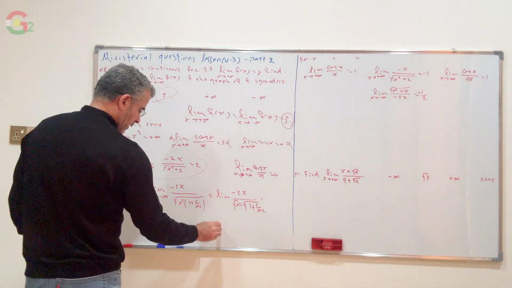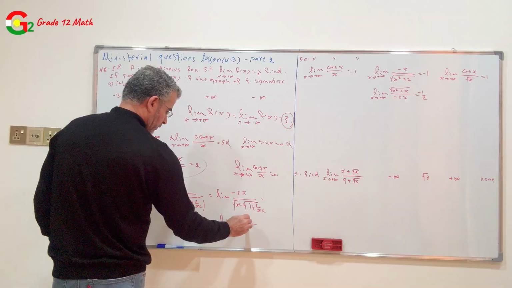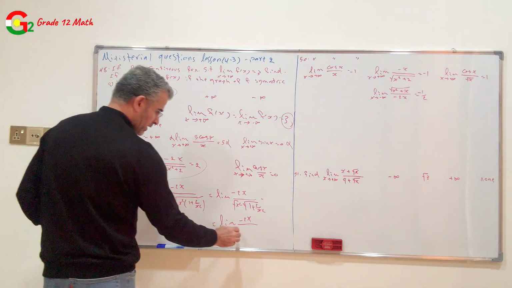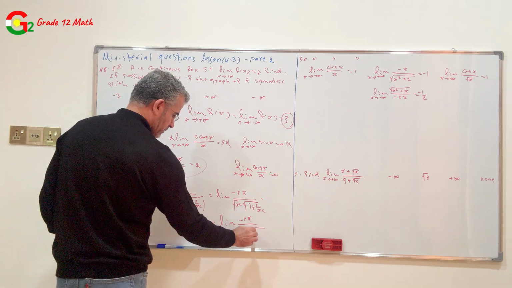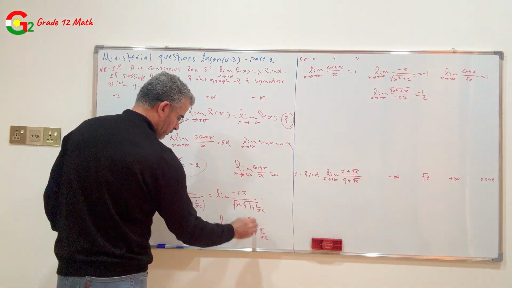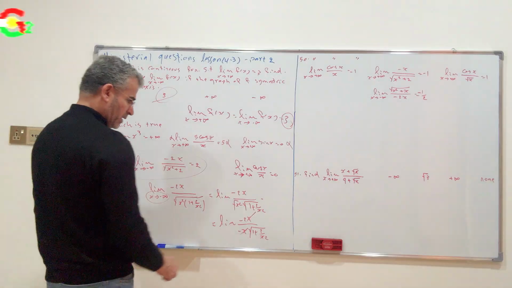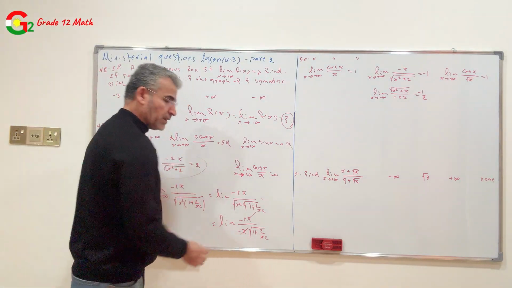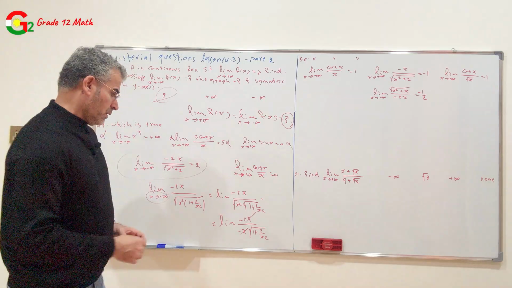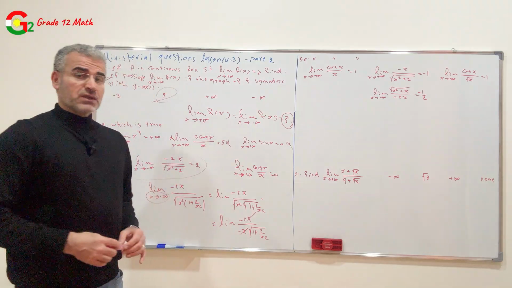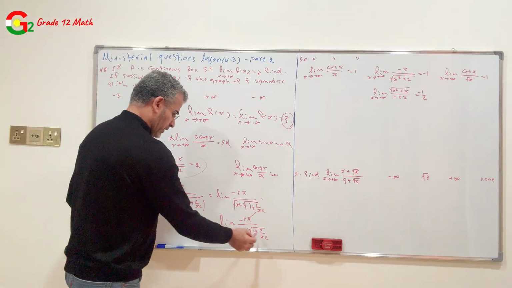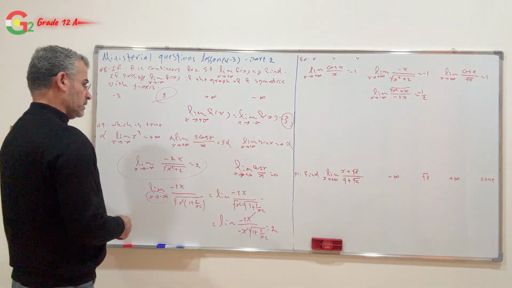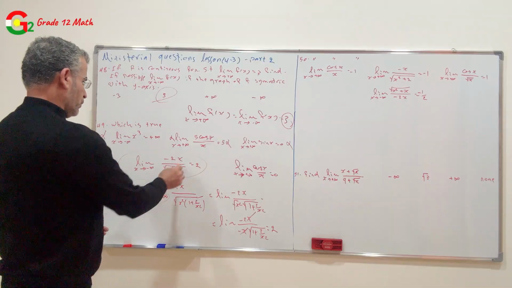Since x approaches negative infinity, square root of x power 2 equals negative x, times square root 1 plus 2 over x power 2. Reduce x with x. Substitute every x with negative infinity. 2 over negative infinity squared is 0. Square root of 1 plus 0 is 1. Negative 2 over negative 1 equals 2. Therefore, the answer is true.